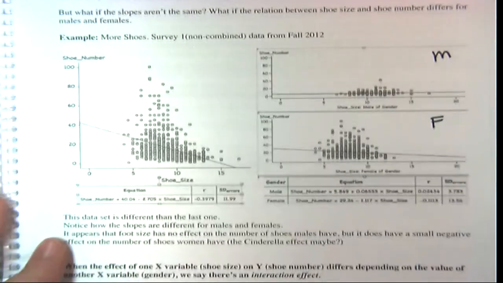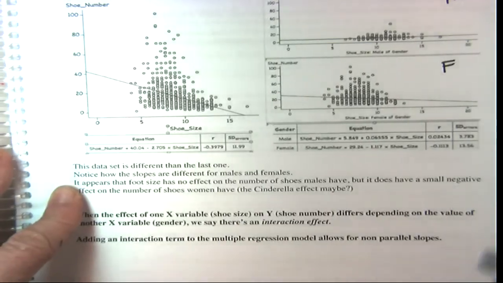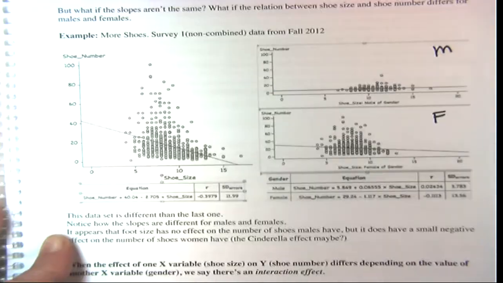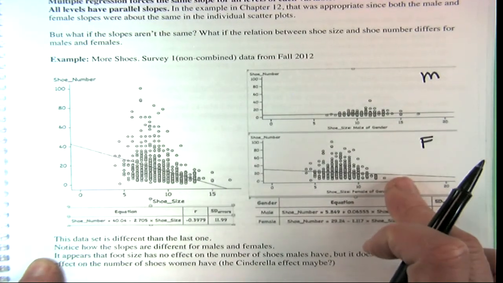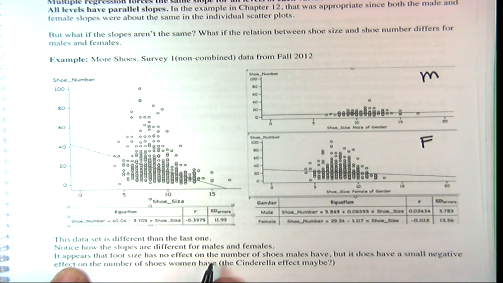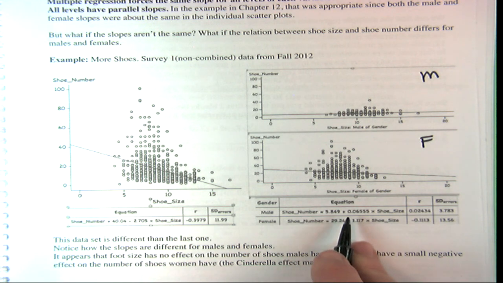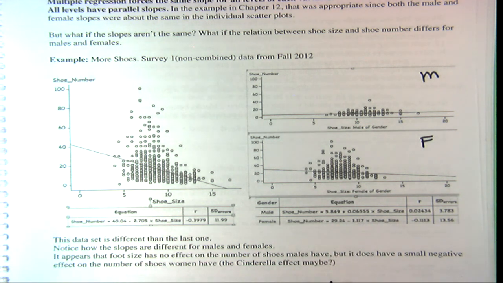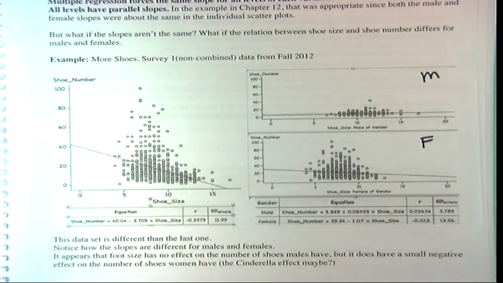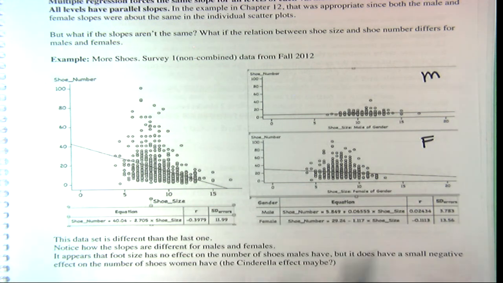Okay, so this data set is different than the last one, and notice how the slopes are different for males and females. It appears that foot size has no effect on the number of shoes males have. What's the slope? Very small positive. Strongly negative here. But it does have a small negative effect on the number of shoes women have.